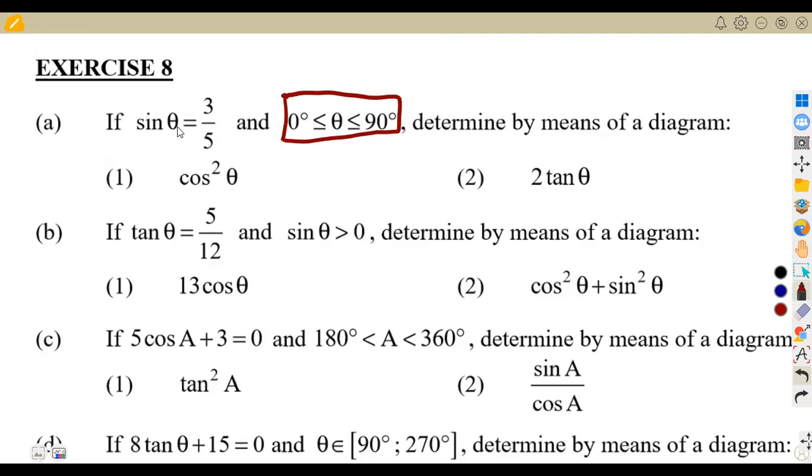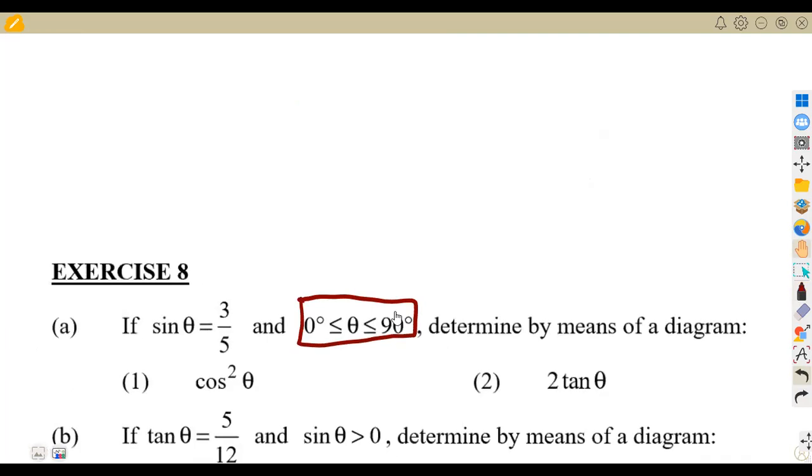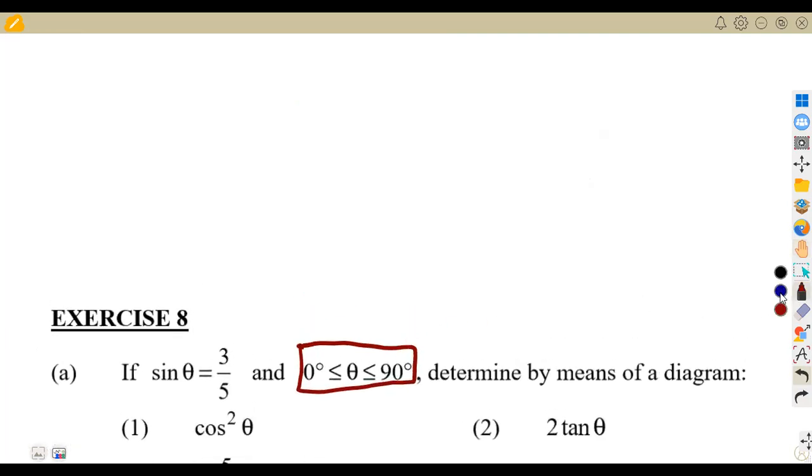Because if you check from your Cartesian plane, sine theta can be positive in two quadrants. All right, let us go back to our diagram concept and see how we can present this.